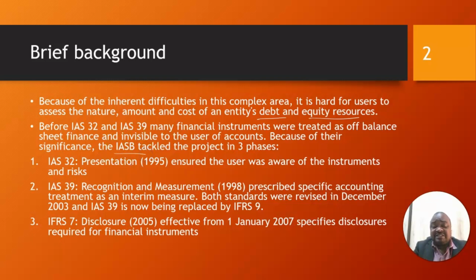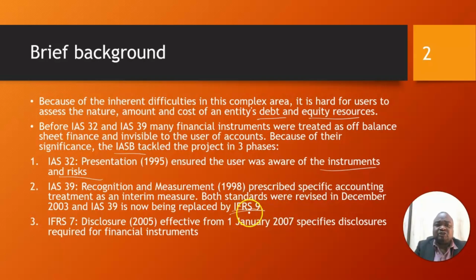That is, IAS 32 presentation was issued in 1995 to ensure the users were aware of the instruments and risks associated with them. Then came IAS 39, around 1998, which talks of recognition and measurement. And this is the standard which has been superseded by IFRS 9.